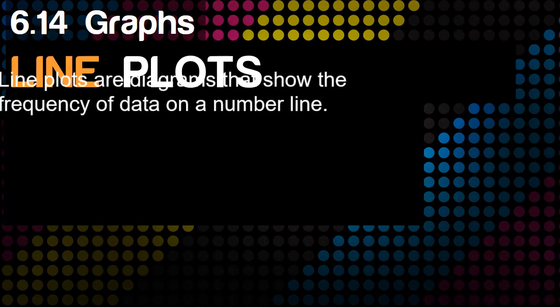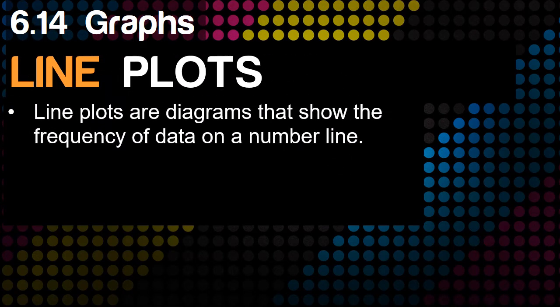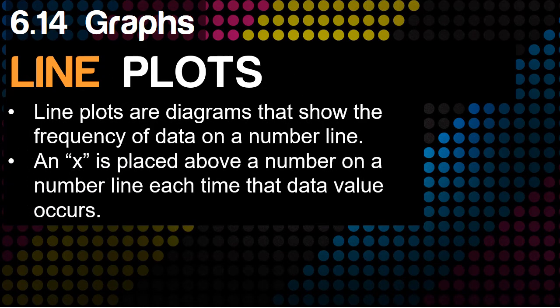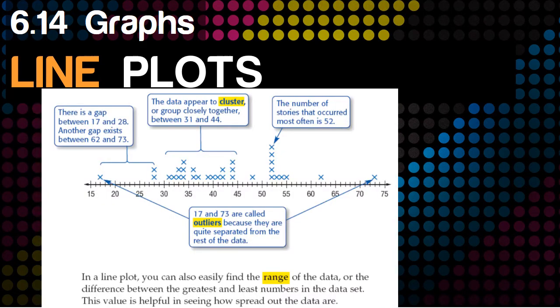So here we have line plots. Line plots are diagrams that show the frequency of data on a number line. For line plots, we use the letter X. An X is placed above a number on a number line each time the data value occurs. So this is what our lovely little line plot looks like. We have our number line right here, and we have some information here.